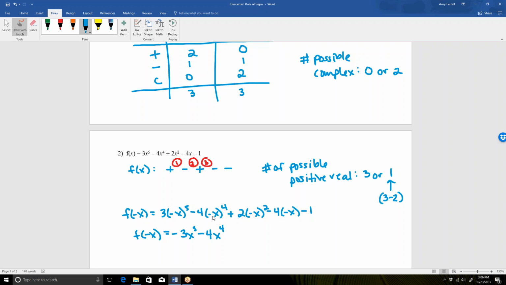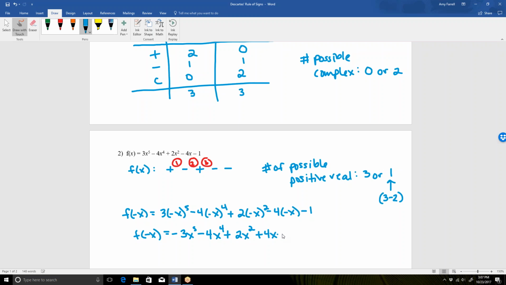This is because when you raise negative x to the fourth power, it's a positive, and then when you multiply by negative 4, it's negative. Plus 2x squared. Same reasoning here: when you square negative x, it's positive.